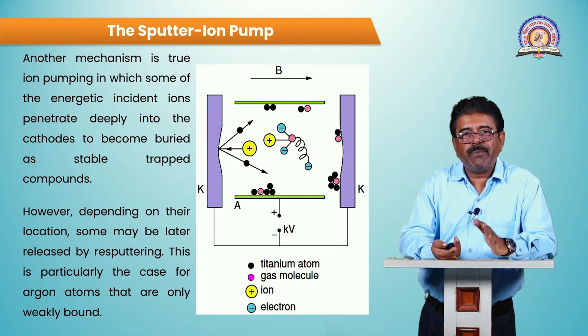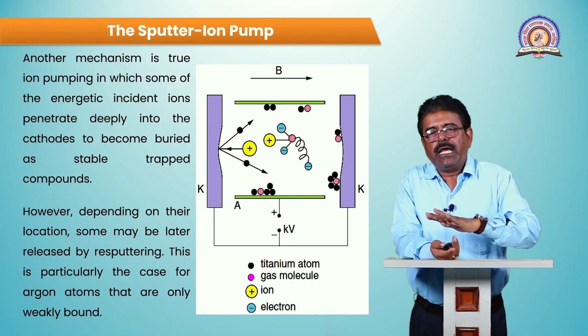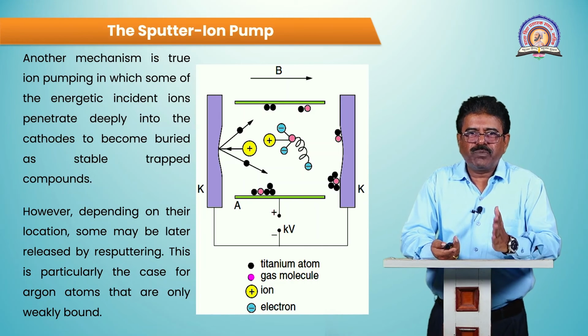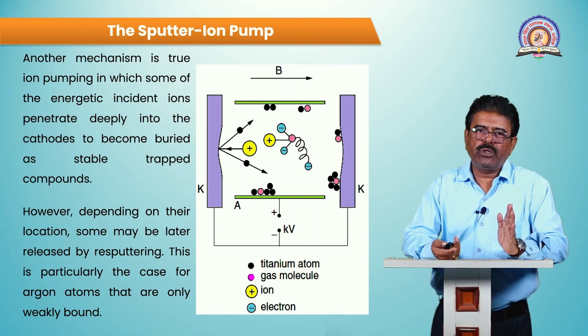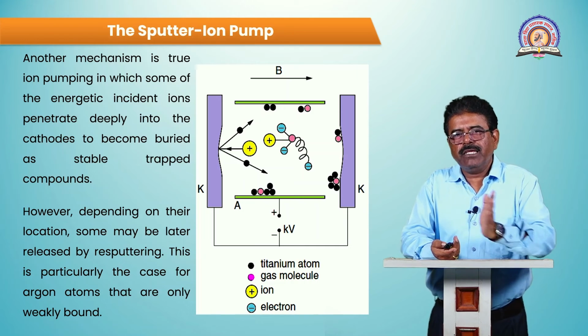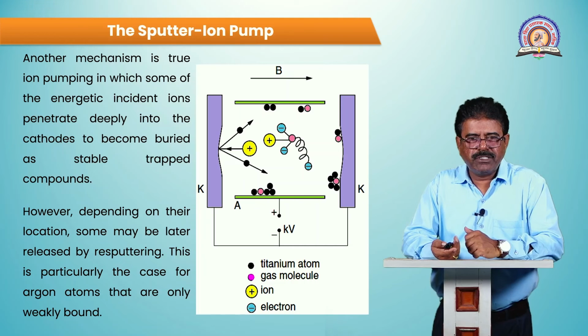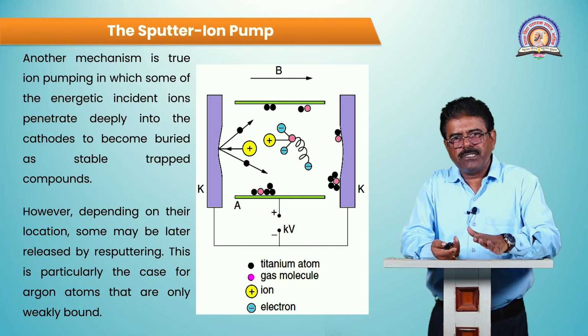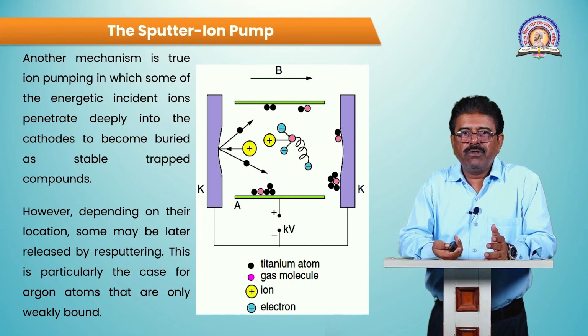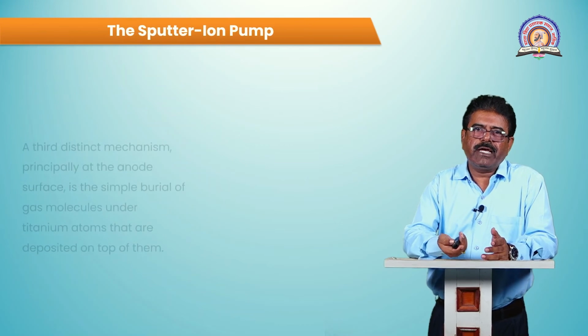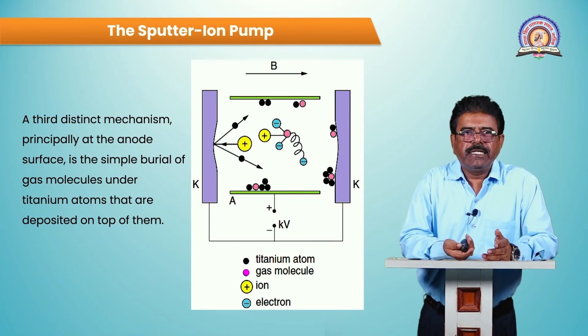So this is a simultaneous process, sputtering as well as gettering. For sputtering, the ions strike the cathode, and meanwhile the titanium is sputtered and deposited, and that will act as a surface getter. So in both ways, active gas species and inactive gas species will be captured here. In this particular diagram, you can see all these details.